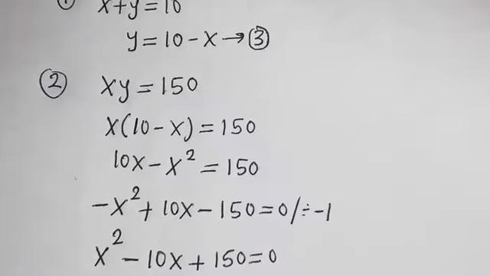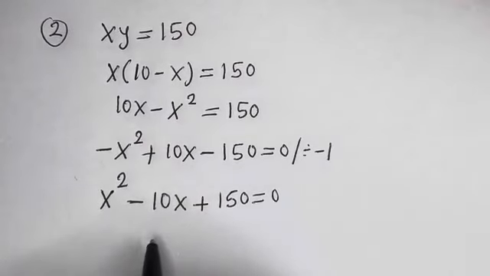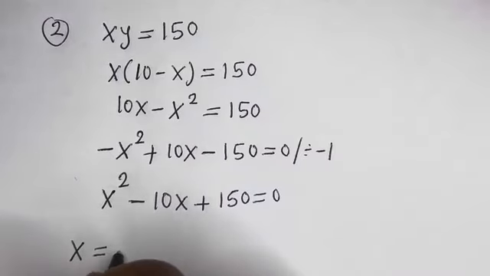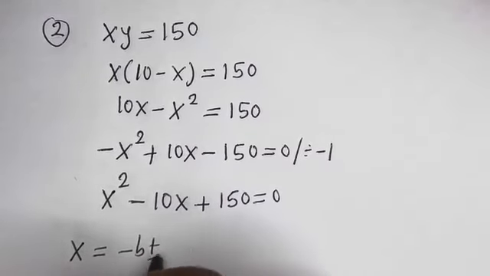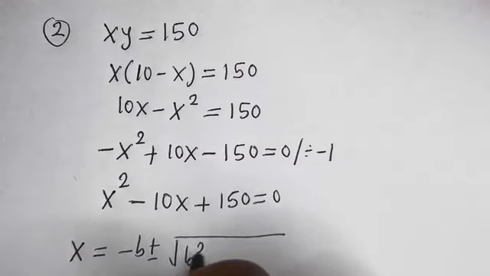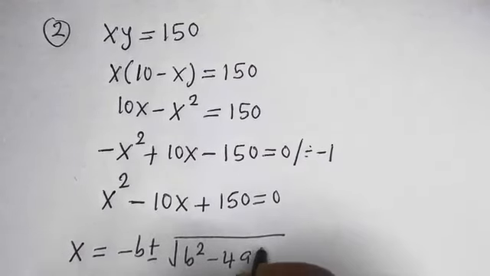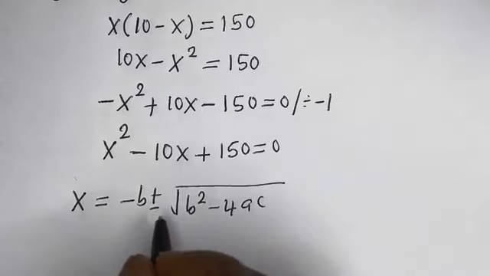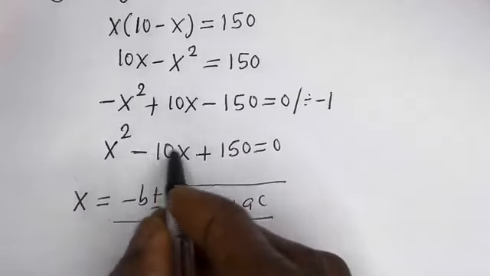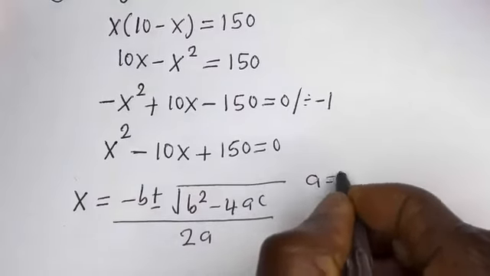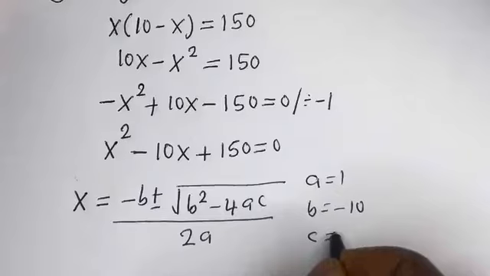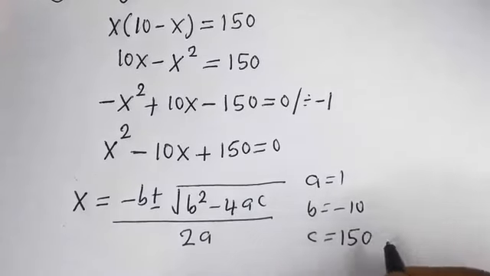This is a quadratic equation which can be solved using the quadratic general formula. From the quadratic general formula, s will be equal to minus b plus or minus square root of b squared minus 4ac, over 2a. Then from here, a is equal to 1, b is equal to minus 10, c is equal to 150.